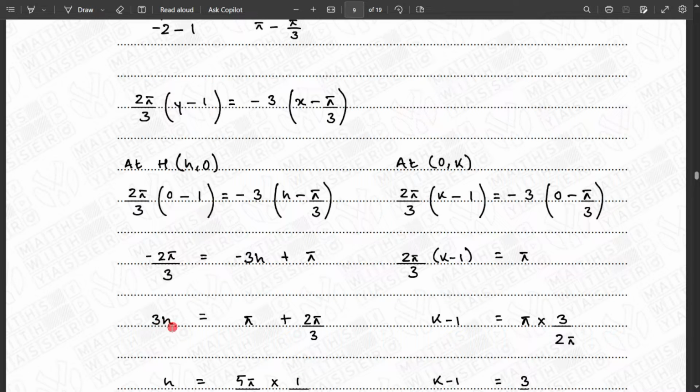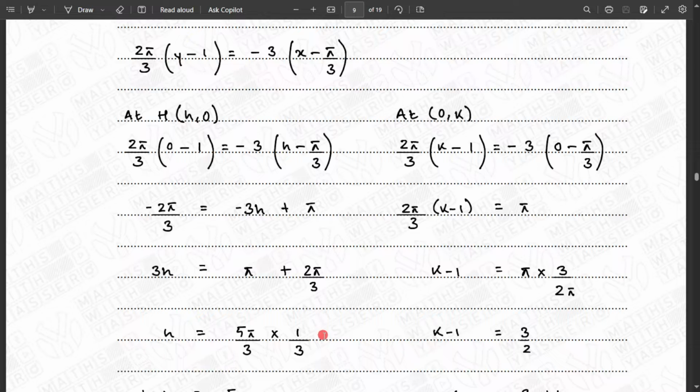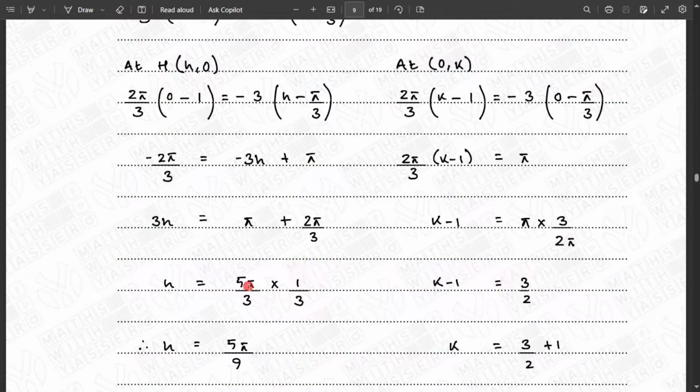So 3h is equal to pi plus 2 pi by 3. So h should be 5 pi by 3 times 1 by 3, because pi plus 2 pi by 3 is 5 pi by 3. And if we cross multiply to have h as the subject, this will become 5 pi by 3 times 1 by 3. So that will give you h is equal to 5 pi by 9.